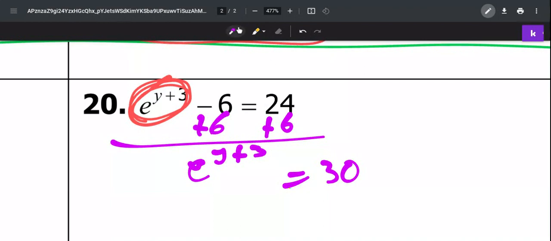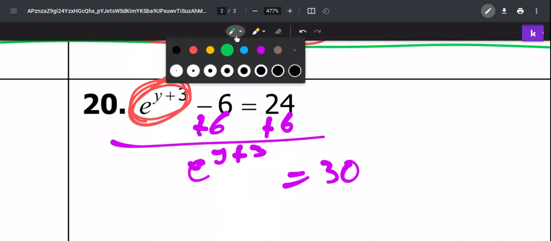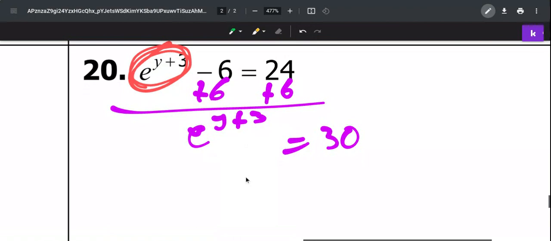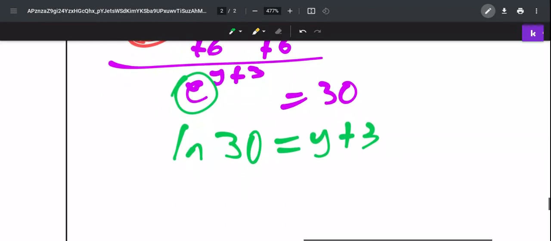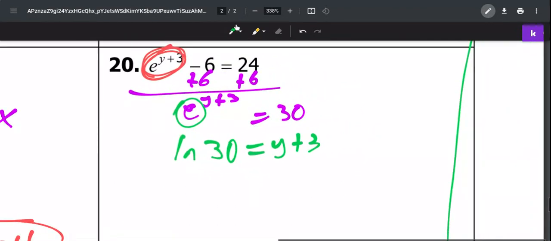All right, so now we can't do anything else here to try to cancel out bases or anything like that. So we rewrite this exponential form in logarithmic form. It would be the natural log of 30 because, once again, log base e is just ln. 30 is a, so that's what goes next. And this is equal to y plus 3. Now, this may look weird and you may think, I don't know how to solve this.